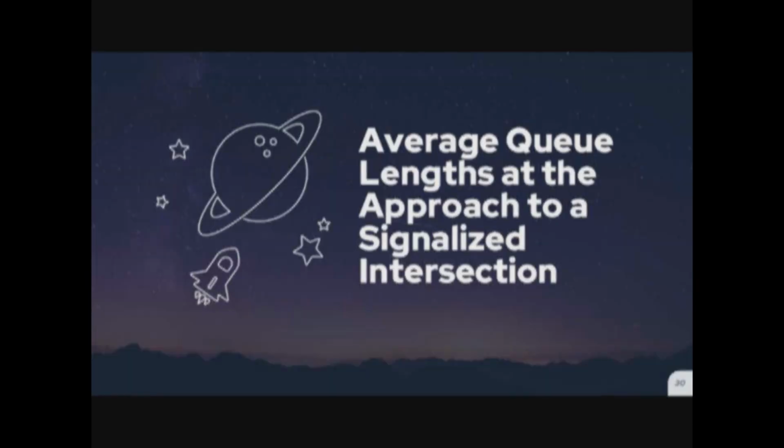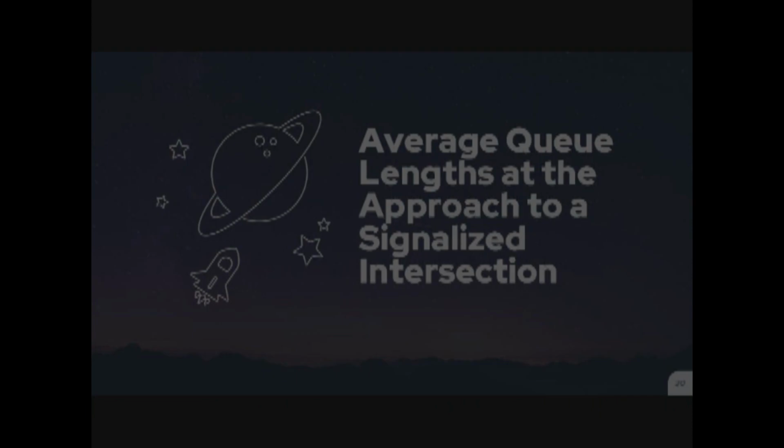to 23 seconds. So for average queue lengths at the approach to a signalized intersection, it is normal practice to estimate the queue length at the beginning of the green period, as this is the instant at which it will be greatest.